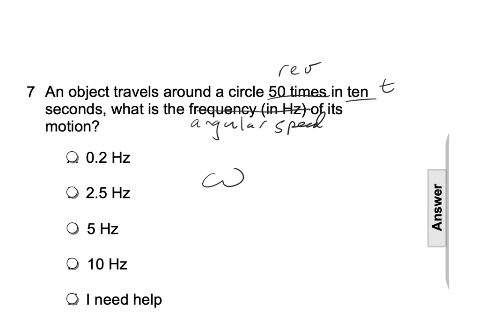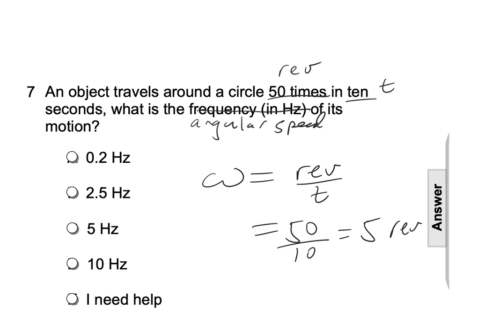Angular speed equals the revs per time. So that'd be 50 revs per 10 seconds equals 5 revs per second. So instead of hertz, we're going to use revs per second. Now, hertz is cycles per second, but a cycle is a revolution.